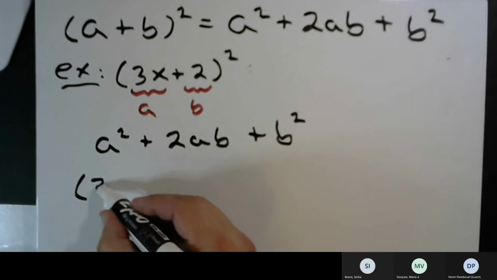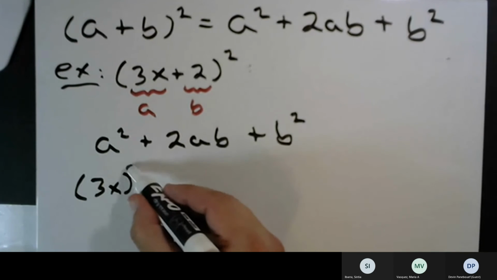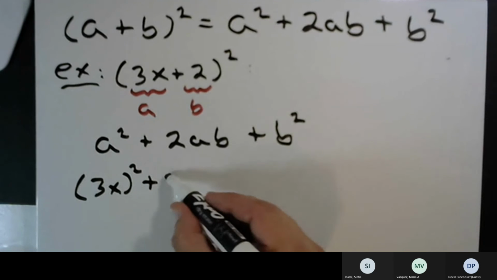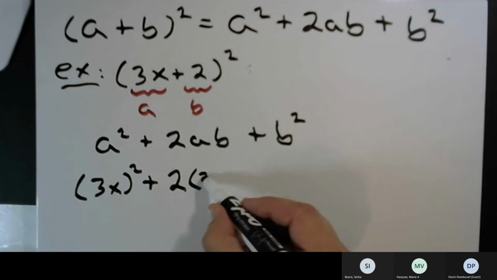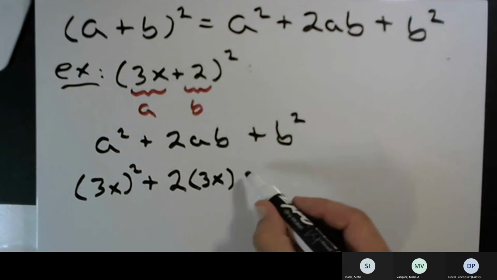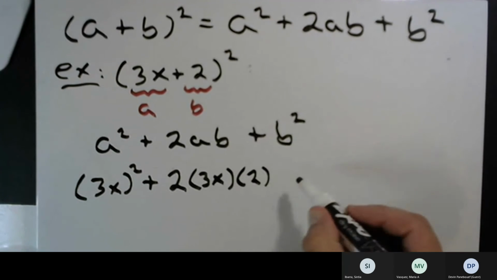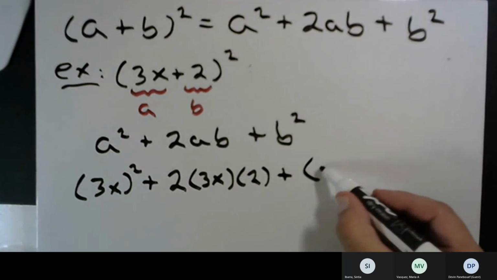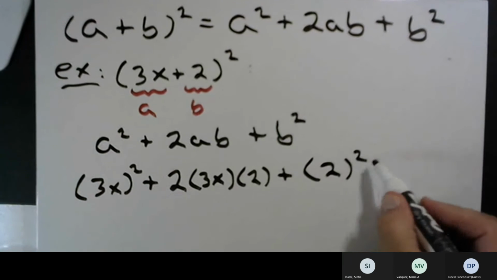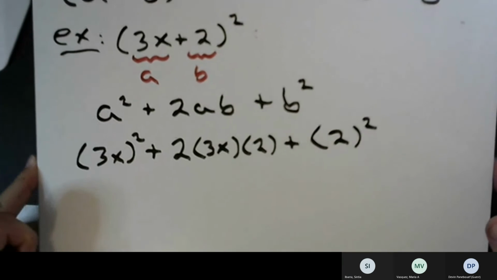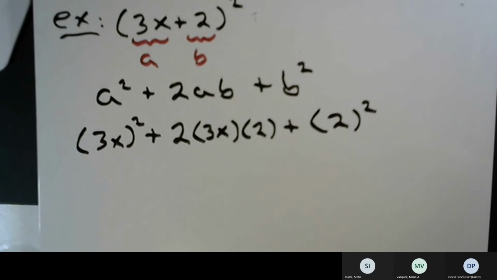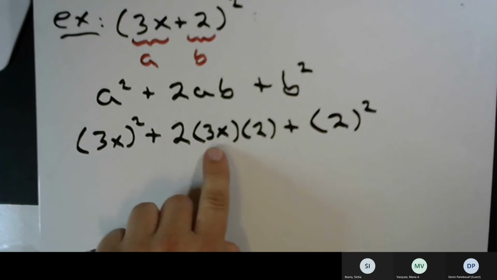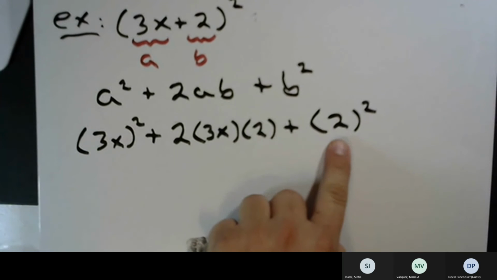And this will become 3x squared plus 2 times 3x times 2 plus 2 squared. So there's our a squared, 2ab, b squared.